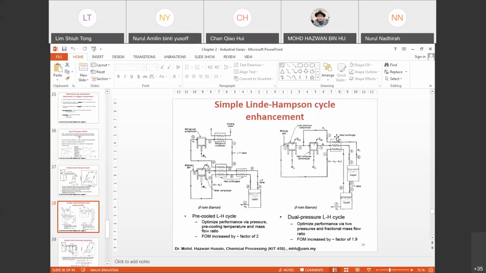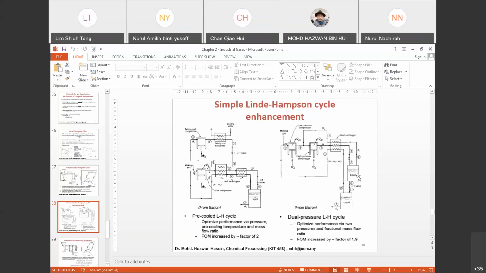You'll see even here there are several channels of heat exchangers for cooling. This is to ensure that the gas doesn't evaporate. And in fact, if it does evaporate, it will recycle back to compressor one.